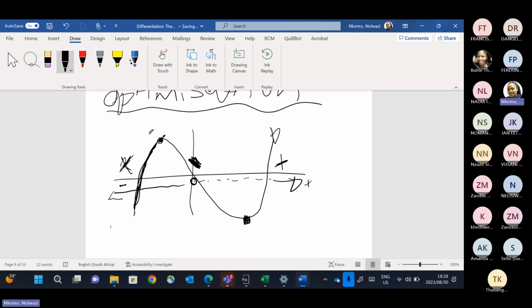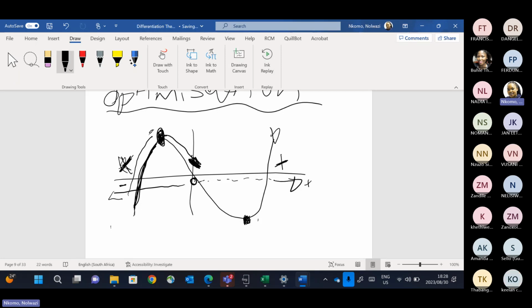So the stationary points are the points whereby any given function or any given curve is changing its slope from positive to negative. You see here, it's positive until here. Then from here it's negative. So in this side we have this point as a stationary point.